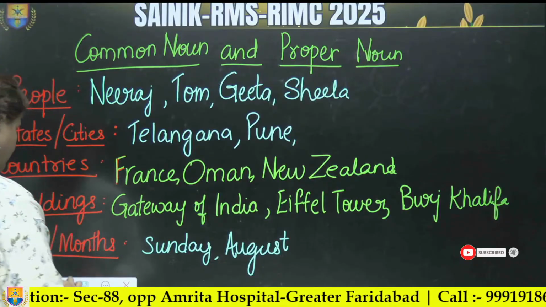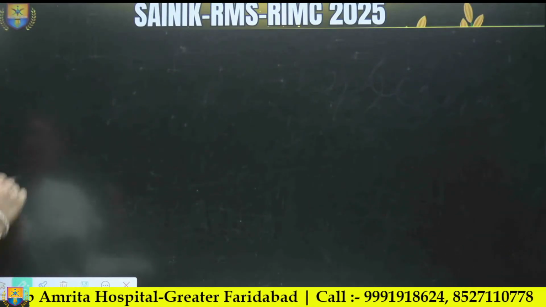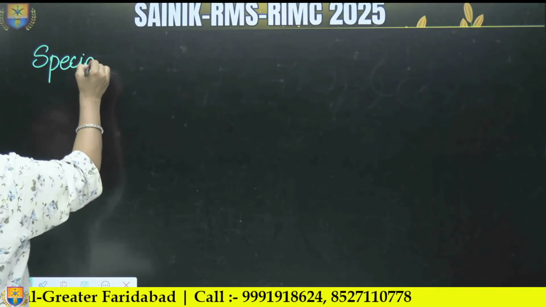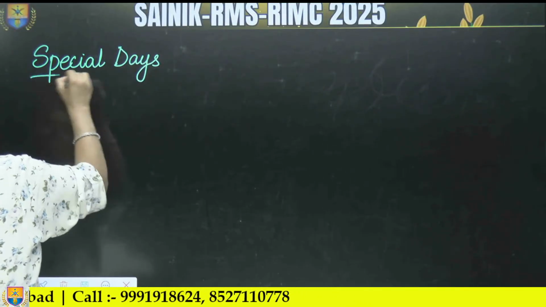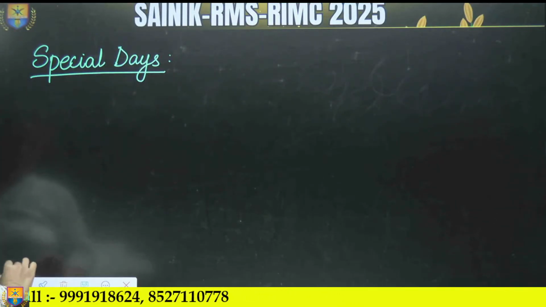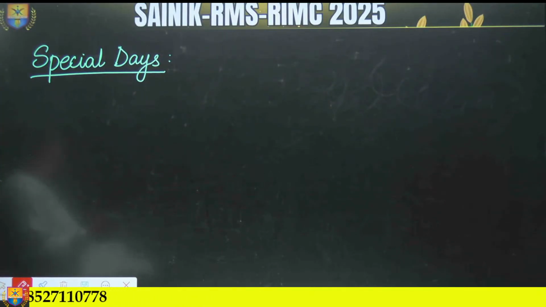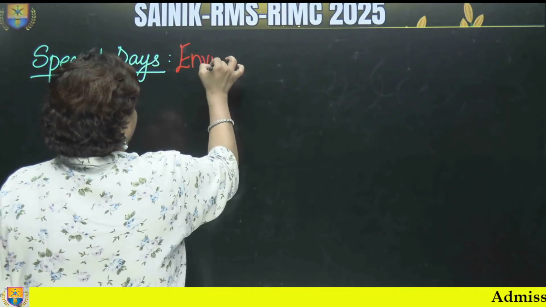Let's go to the next category. We have the special days. Now, what do we understand by special day? In this category, what can we write? The special days are like your Environment Day.